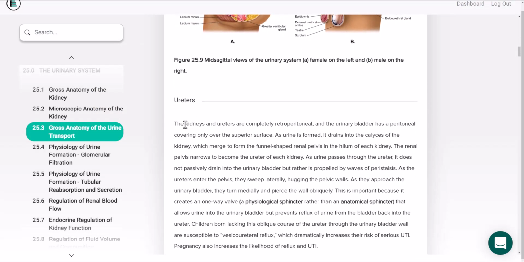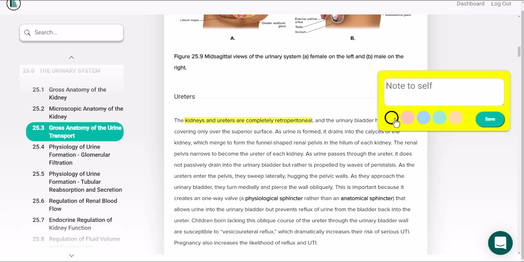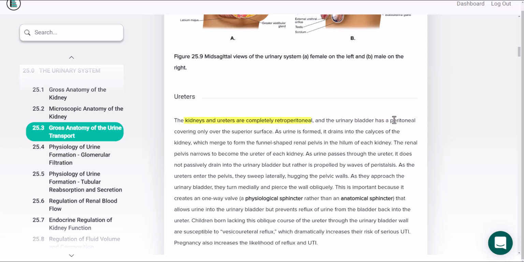So the kidneys and the ureters are completely retroperitoneal, and the bladder has a little bit that is covered by the superior surface of the bladder, has a little bit of the peritoneum on it as well.